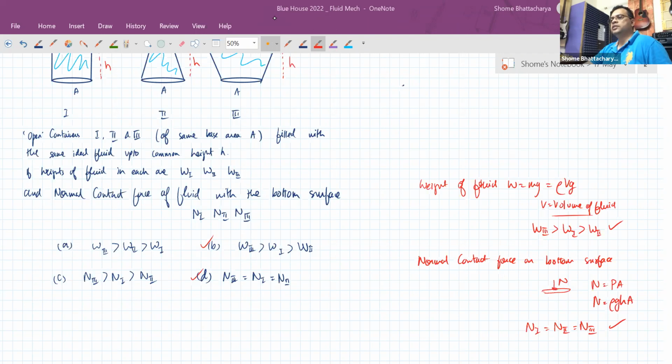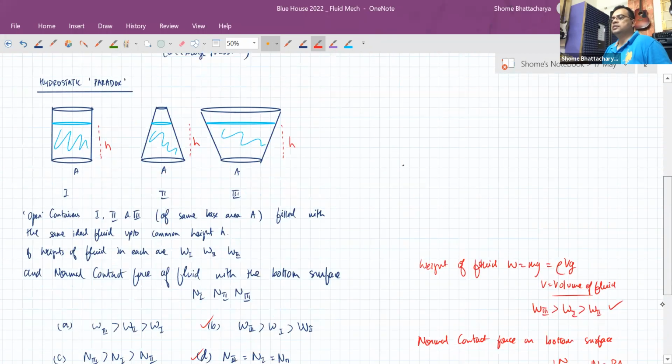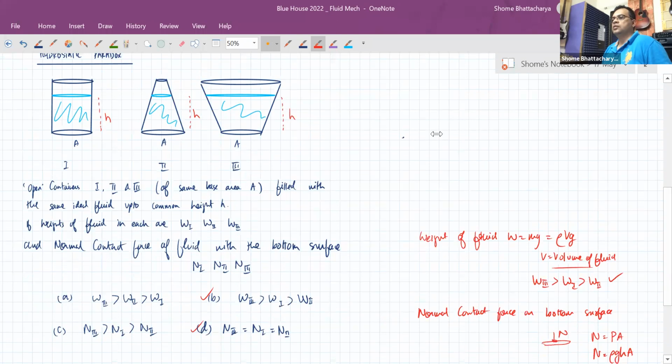Shikhar, how is option B correct? You can see the volume of liquid in which container is maximum. You can see in the third container volume is maximum, no? And in the second container the volume is minimum. If you just look at the shape of the containers, you will realize this, no? They're all having the same base area. But the third one is like this. The first one is like this.